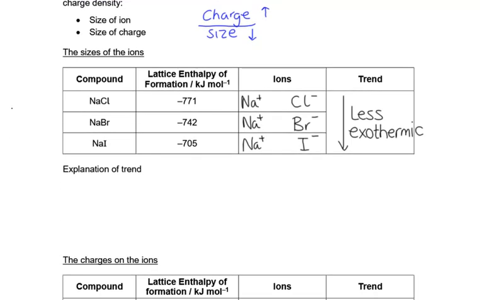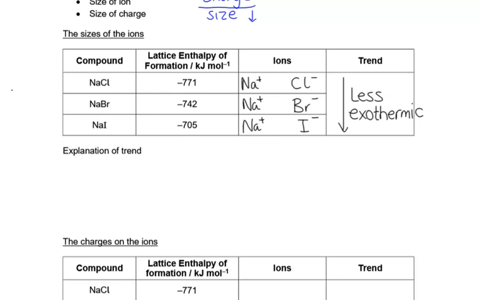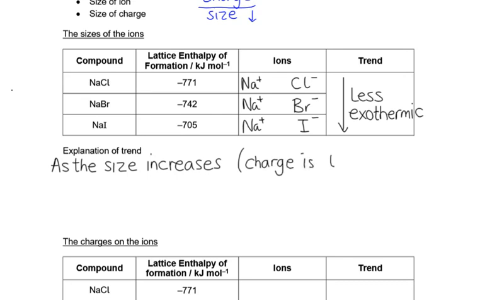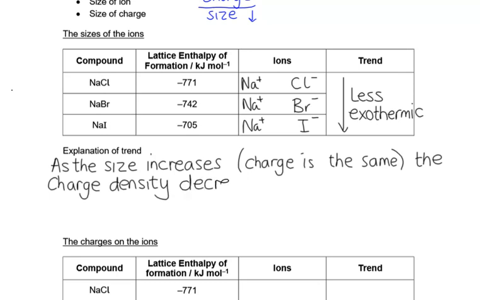So why is that? So we would need to say as the size increases, there's no change in charge here. So we might just write that charge is the same. If the size increases, the charge density, remember that size is on the bottom, charge density decreases.